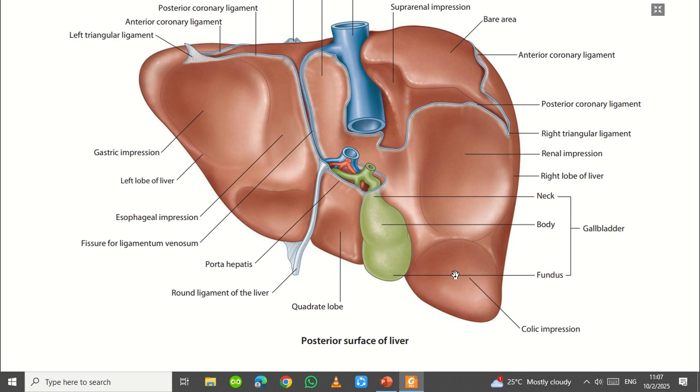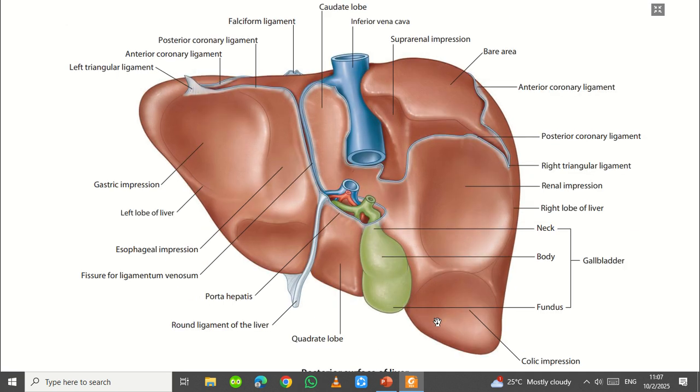These are structures, without forgetting the gallbladder itself and the inferior vena cava. These are part of the posterior structures of the liver.